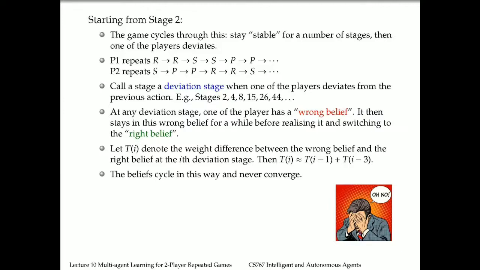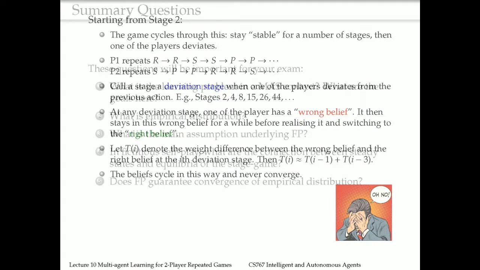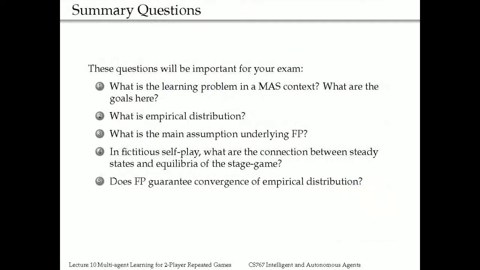That finishes our class for today. We've introduced the paradigm of learning in a multi-agent system context. We described, in general, the new challenges that are faced here. Then we mainly focused on the learning rules for two-player repeated games.